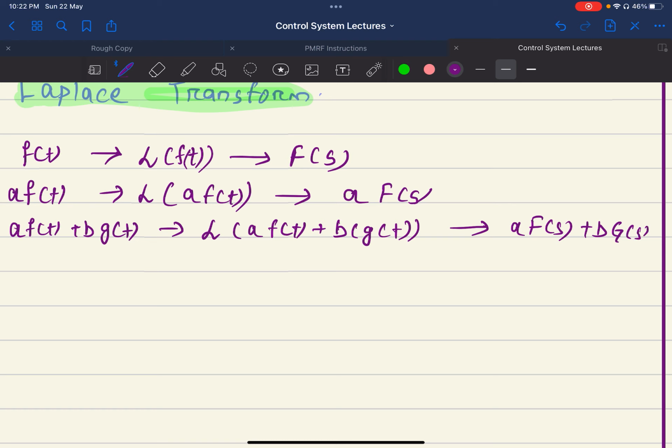Another, and the most important one which you will require, is the derivative.